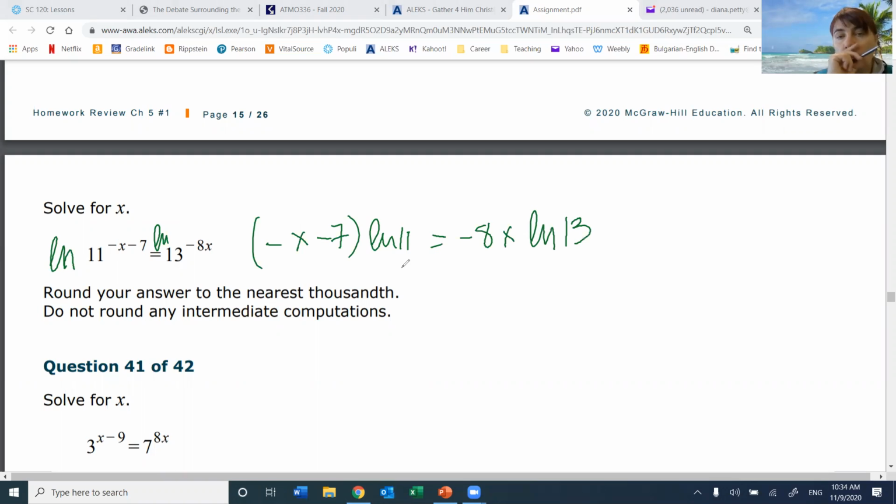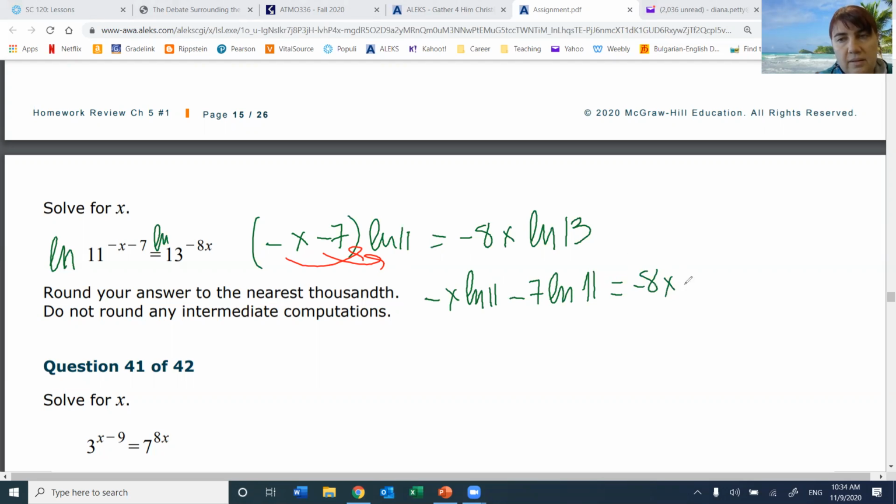So what we need to do, let's move everything to one side. First, let's multiply out the left-hand side. When you do this, we're going to get minus x minus 7. The reason we're doing this is because we just want the x.